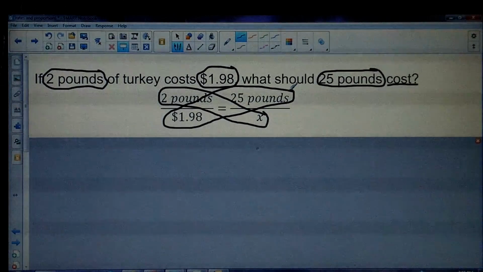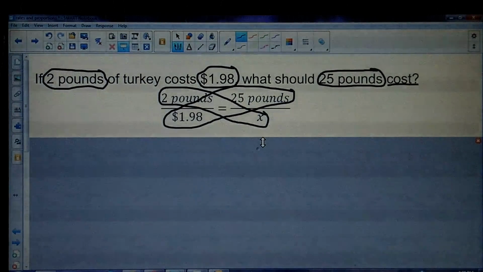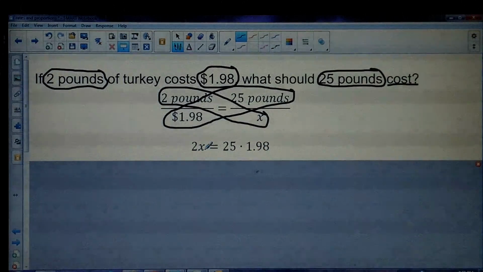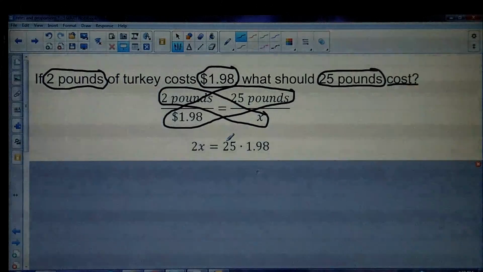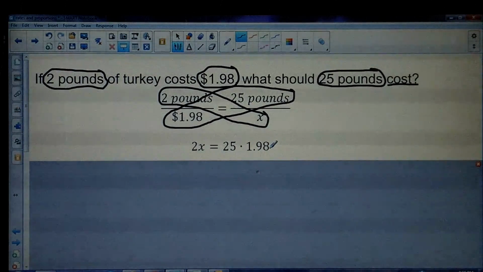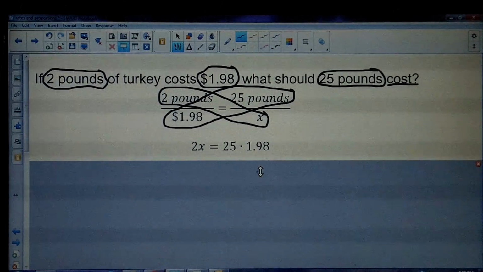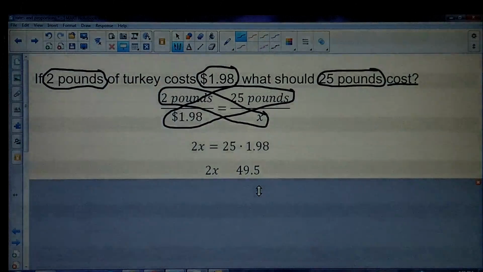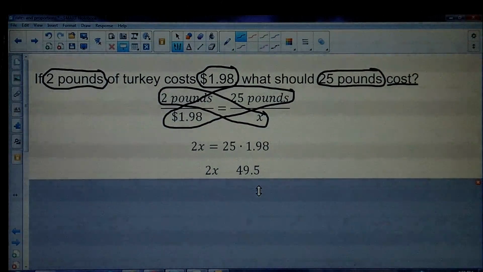And you can do this in your calculator with me. So I've got 2 times x, and I simply write 2x, 25 times $1.98. Put that in your calculator and see what you get. You should get 2x is equal to 49.5.